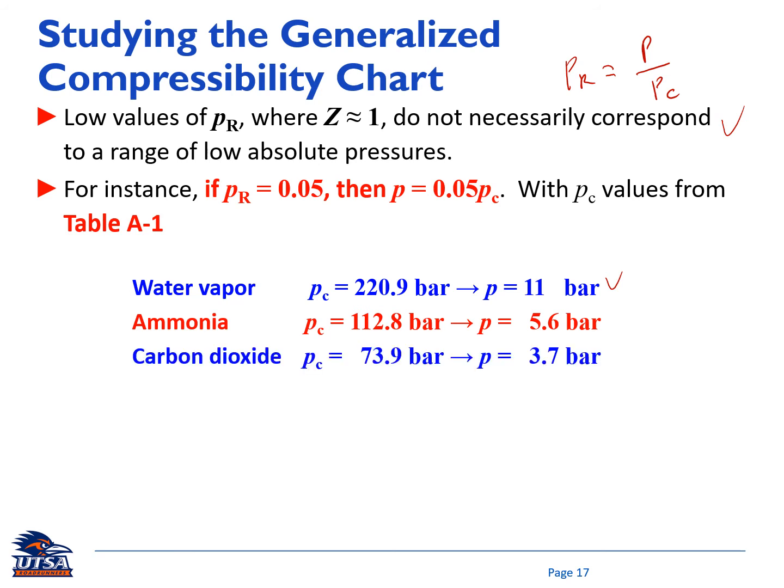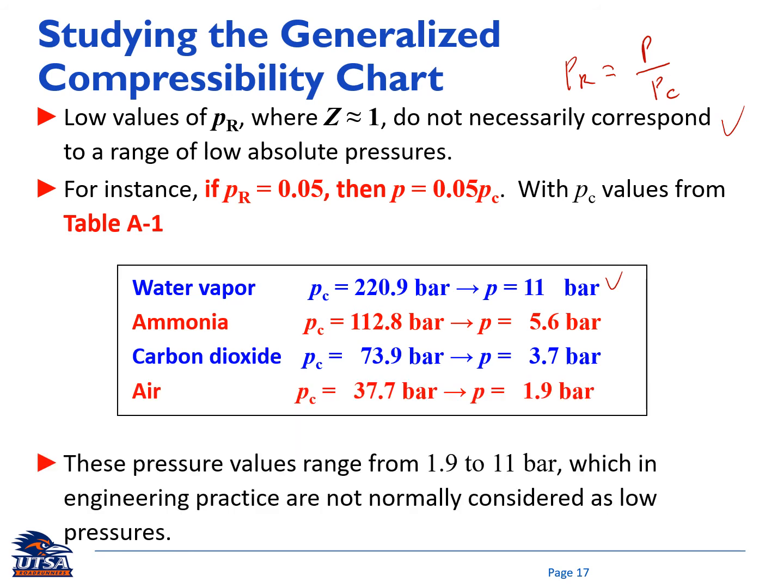Carbon dioxide, for this 0.05 PR, I have 3.7 bar operating pressure. Air, 1.9 bar. So these values within the box, 11 bar, 5.6, in engineering practice are not normally considered a low pressure. It's some number there. It's not a low pressure.